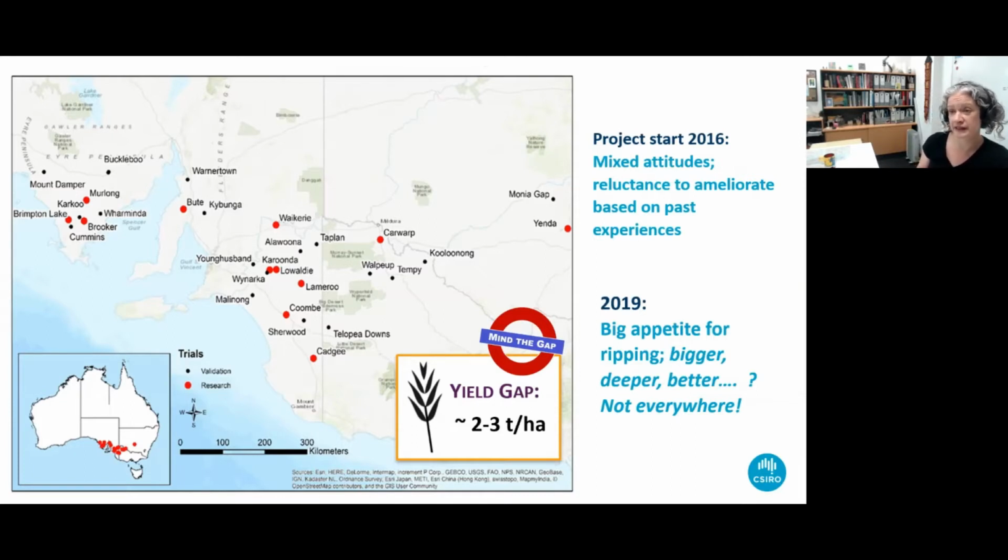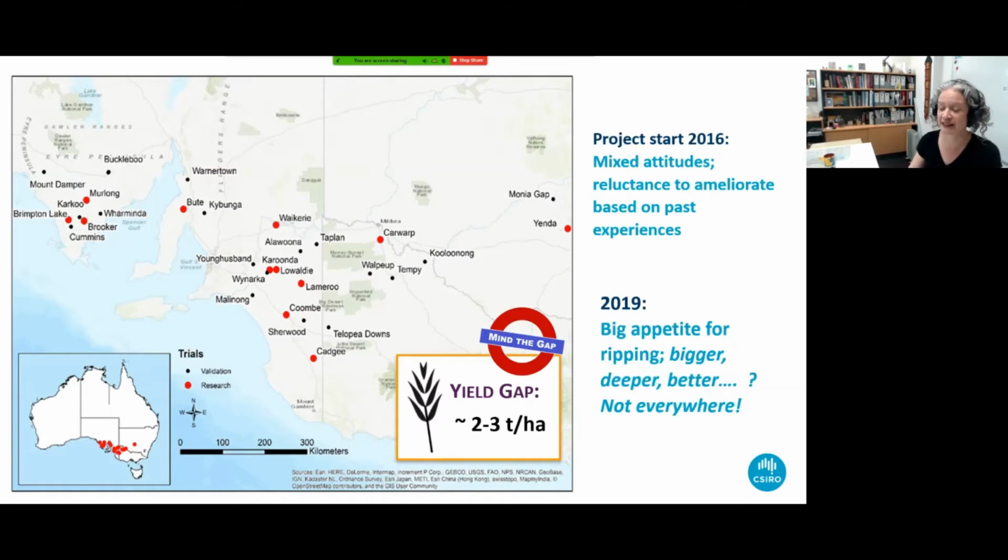And in 2006, there were very mixed attitudes across the region, and in places reluctance to ameliorate based on past bad experiences. Fast forward to 2019, and we have a fairly big appetite, particularly for ripping, with a certain attitude of bigger, deeper, better. But that's not the case everywhere.